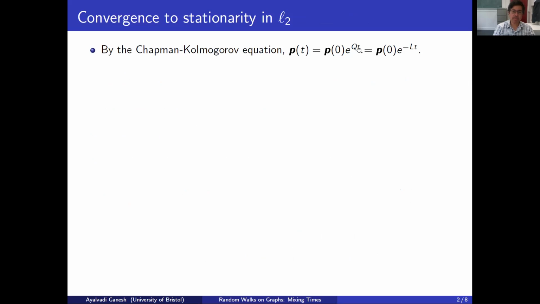It's P(0) times e to the Qt. So e to the Qt is the transition probability matrix over a time interval of size t. And we started with Q, the generator of this Markov chain, being minus the Laplacian. So P(t) is P(0) times e to the minus Lt.